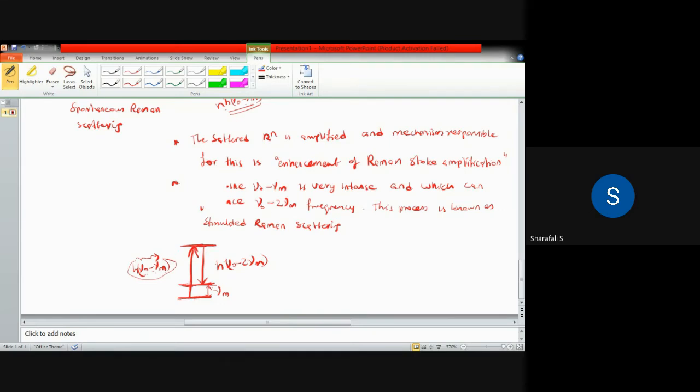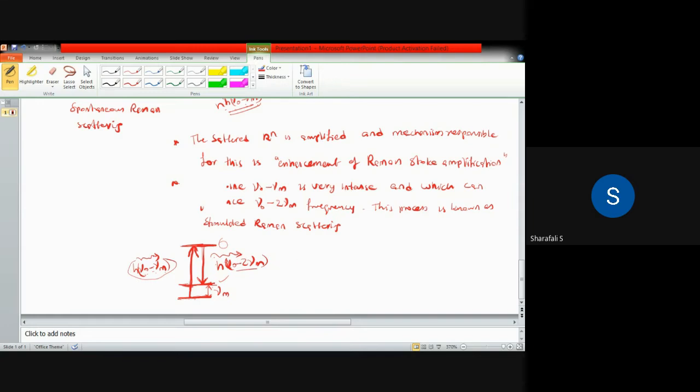So it goes to that excited state and comes back to some other excited energy level near that state. Here the lifetime will be very small. So this will be h nu zero minus 2 nu m. It will release some radiation with that energy.